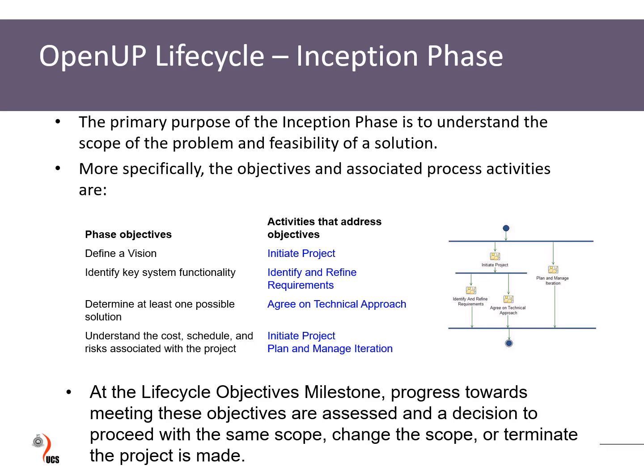Based on the objectives, identify refined requirements. Once they define a vision, they go further, and in parallel they agree on the technical approach: what overall approach do we take? While this goes on in parallel, people can plan and manage the iteration, and understand the cost, schedule, and risk associated with the project. Initial cost estimation will be done based on all these things.